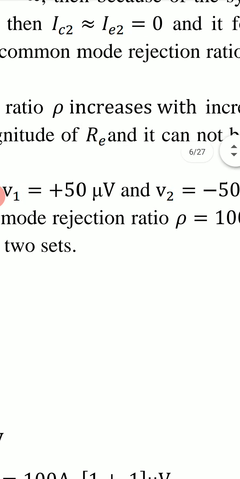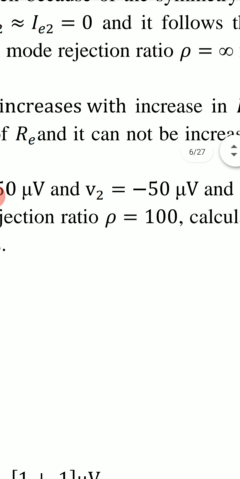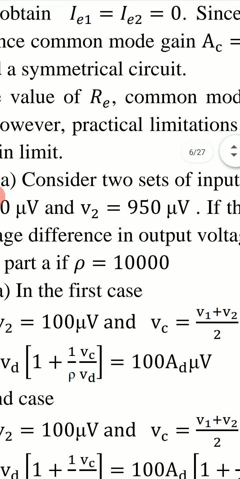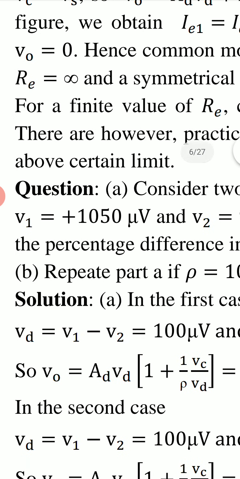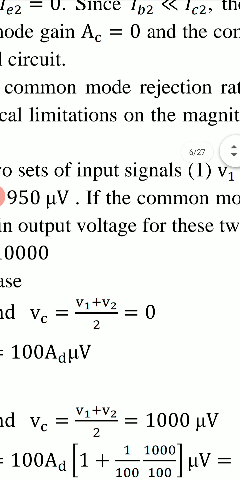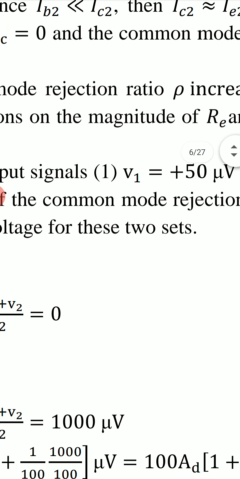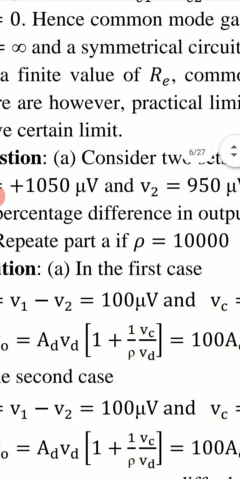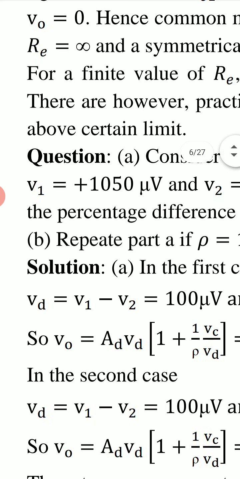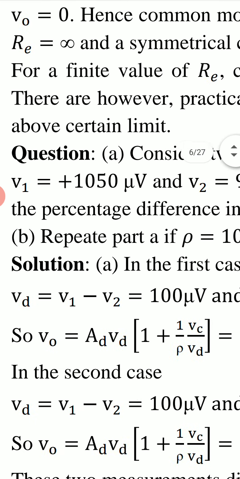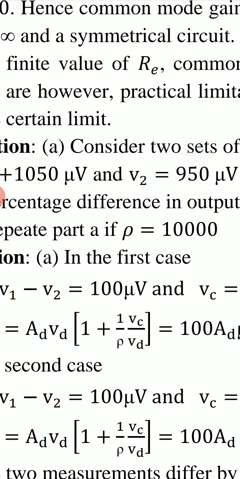If the common mode rejection ratio rho is 100, calculate the percentage difference in output voltage from these two sets. In the next part, repeat part A if rho equal to 10,000.